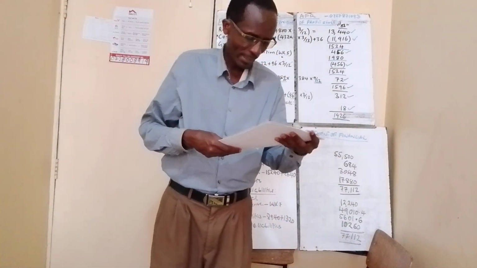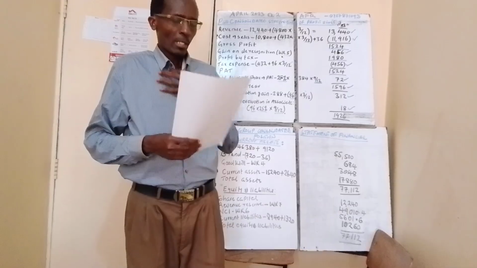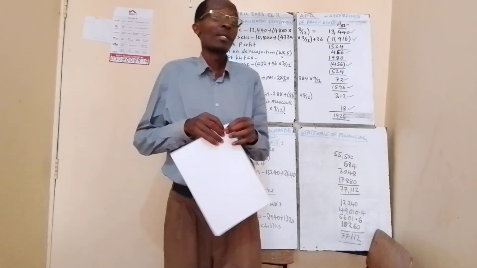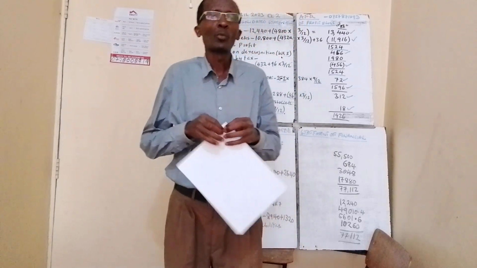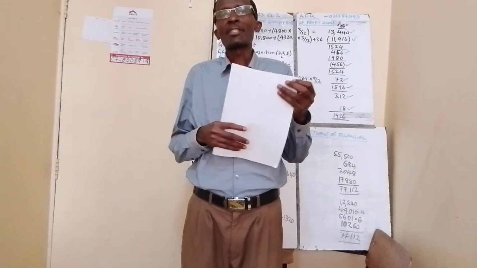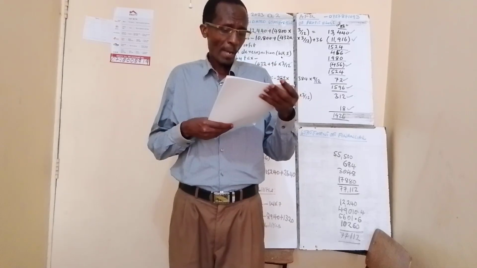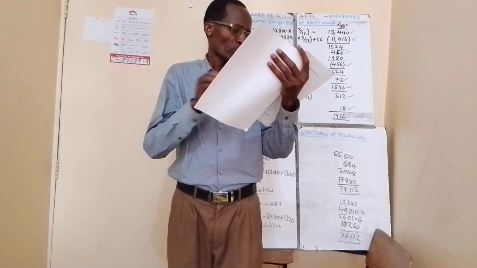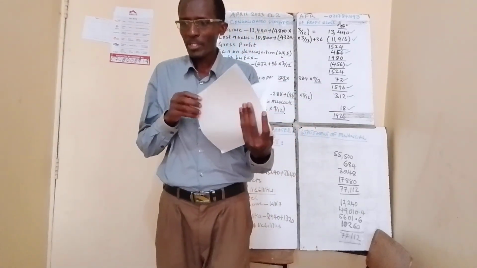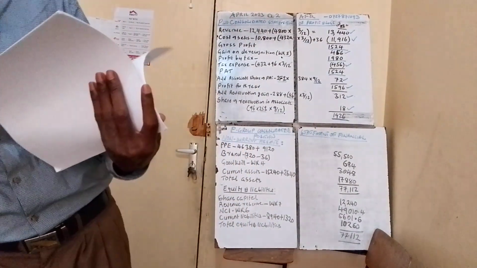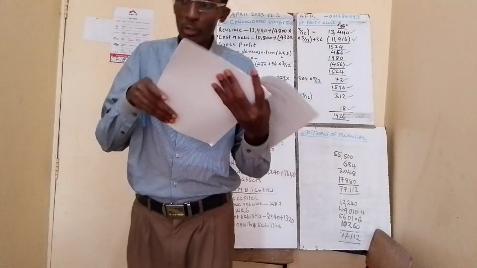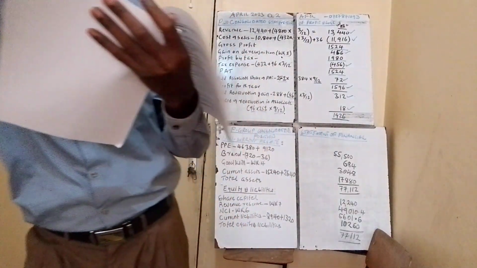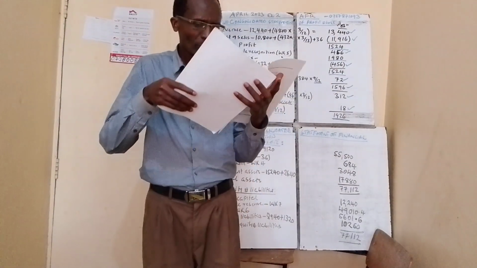Now, I want to again remind you that these items are capital items, and we have three rates which will be used. Some you'll be using 50%, the others 25%, and the other 10%.